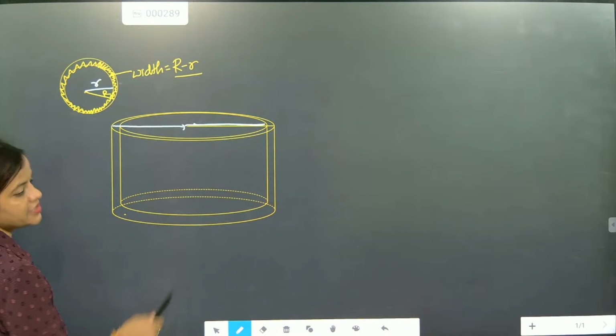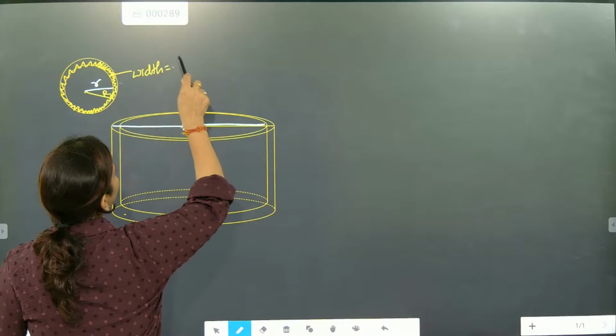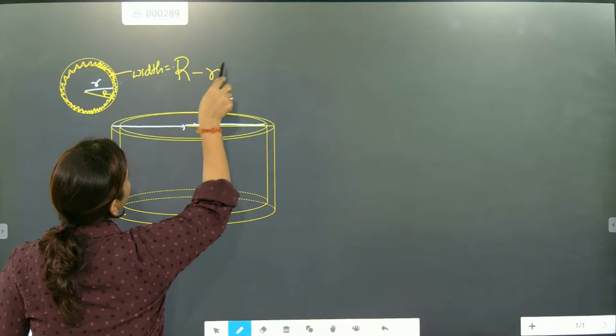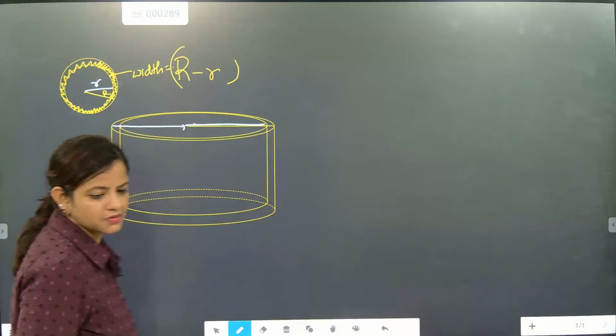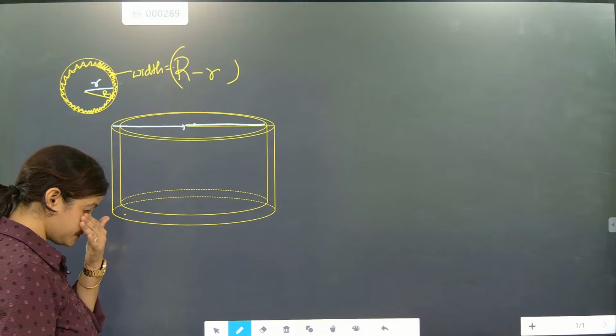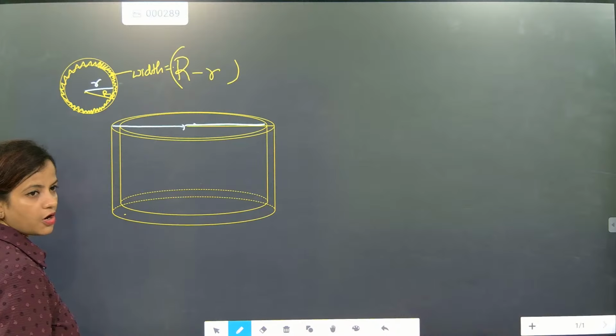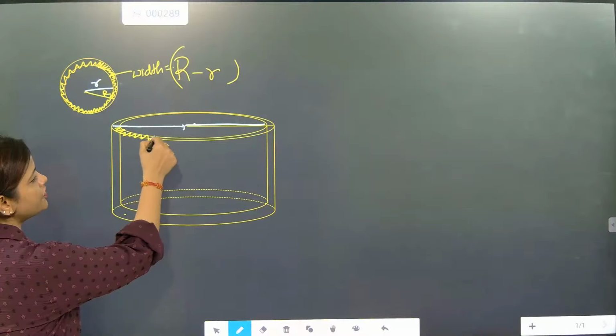So width is capital R minus small r. Got it? Now, beta, what is the area of the width? What is the area of this one?